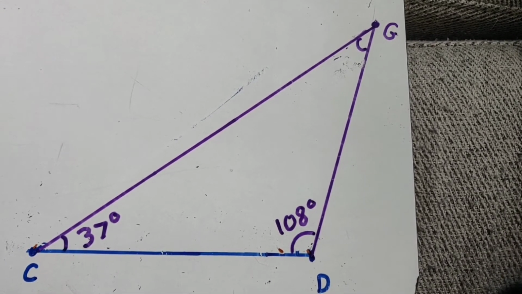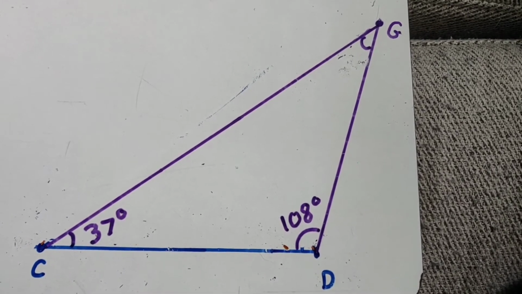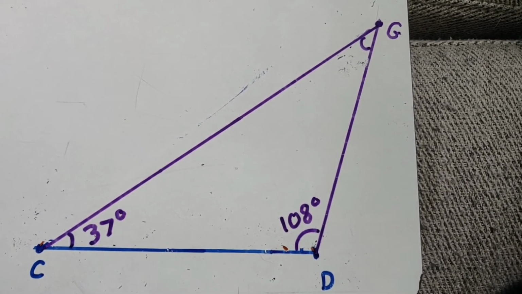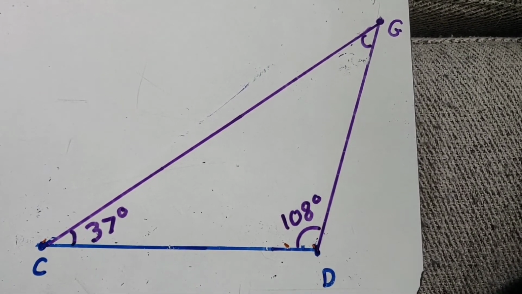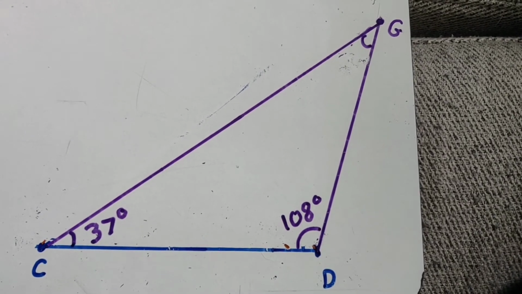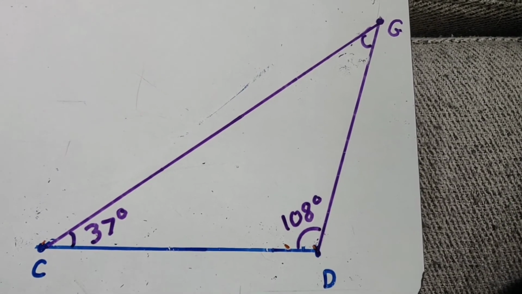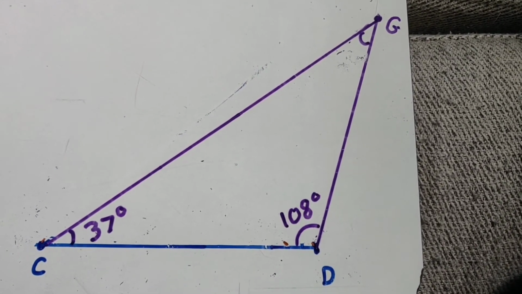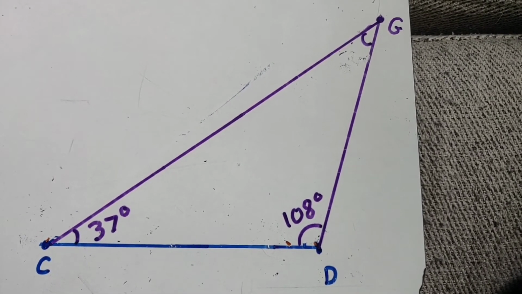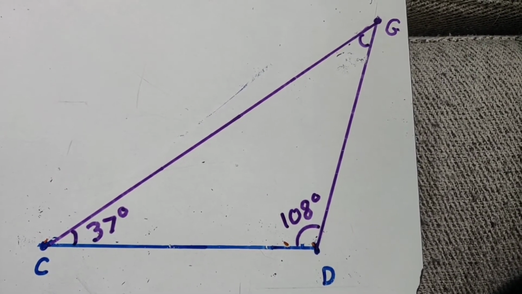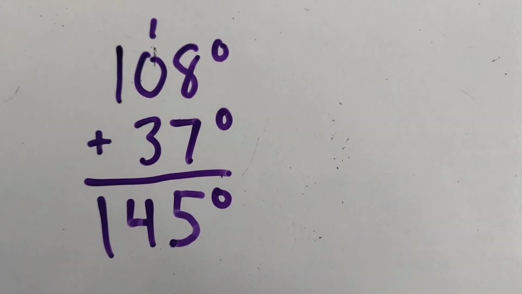add up to what? Go ahead and pause the video and tell yourself or tell someone, then come back. Okay, all three angles have to add up to 180 degrees. And we already know the value of two of those angles. So if we add 108 degrees and 37 degrees together, the two measurements that were given, we get a sum of 145 degrees.